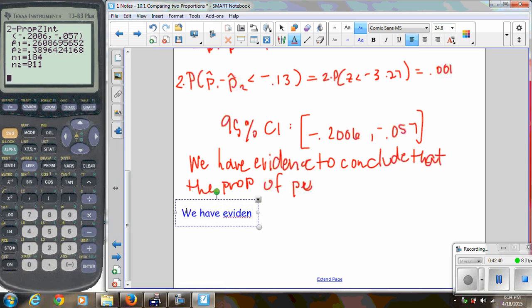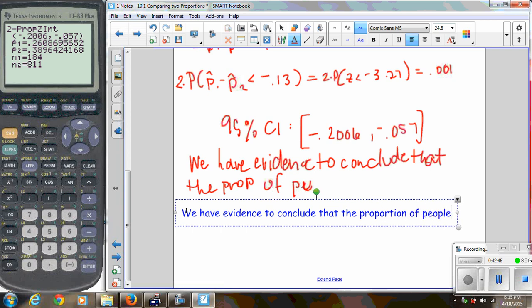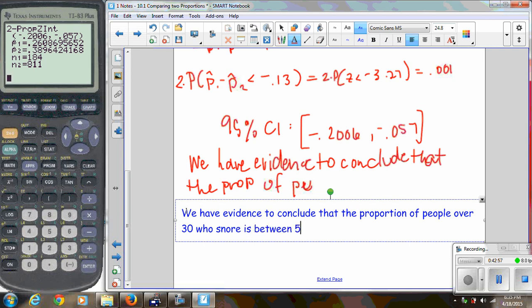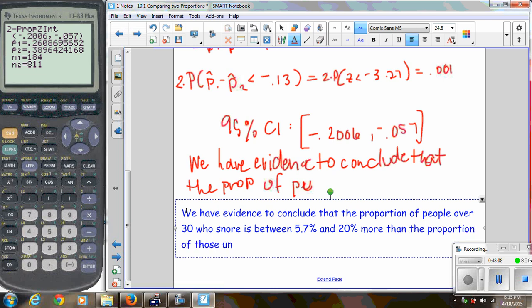We have evidence that the proportion of people over 30 who snore is between, what did I say, 5.7% and 20% more than the proportion of those under 30 who snore. And that's using the confidence interval.